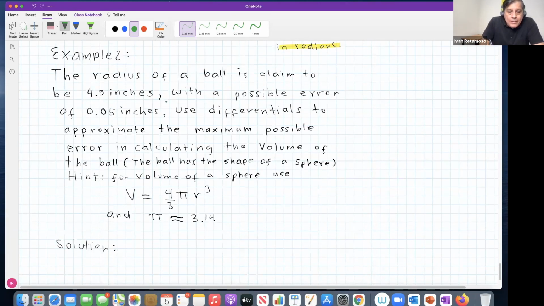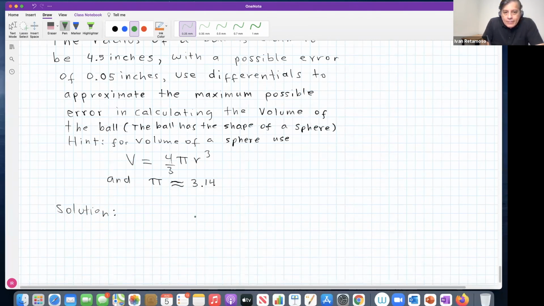Example 2: the radius of a ball is claimed to be 4.5 inches with a possible error of 0.05 inches. Use differentials to approximate the maximum possible error in calculating the volume of the ball. The ball has the shape of a sphere. Hint: for the volume of the sphere, use the formula V equals 4/3 pi r cubed, and pi equals 3.14.